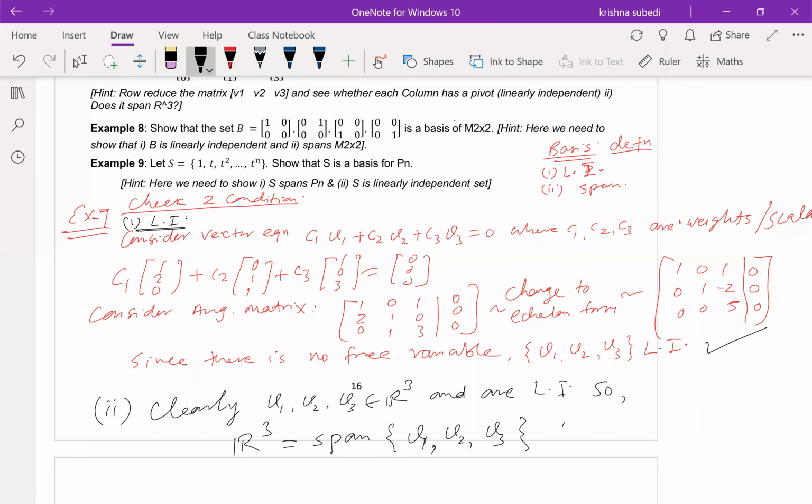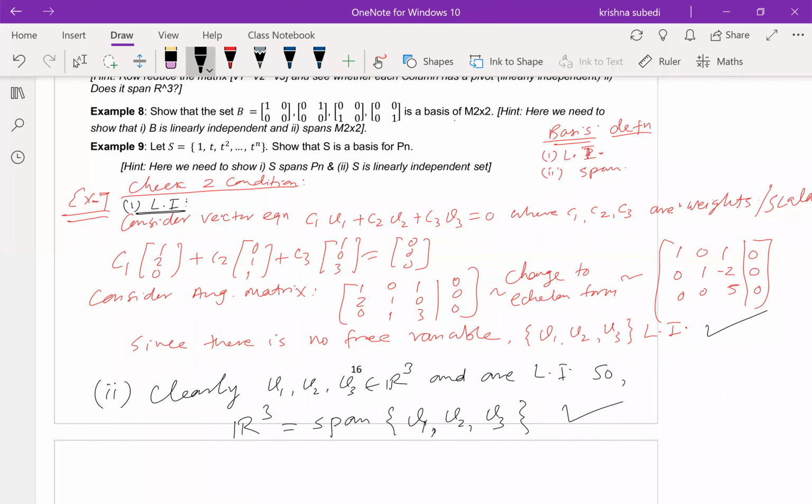It also checks. Therefore, V1, V2, V3 is a basis for R3.